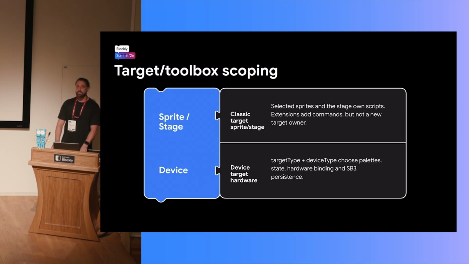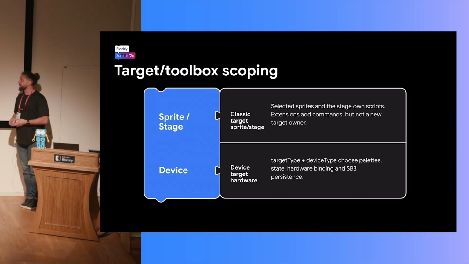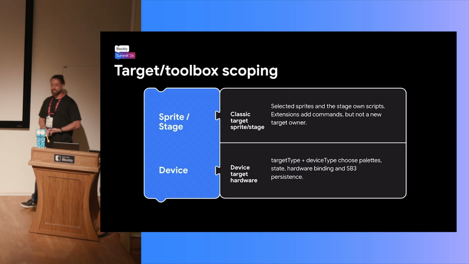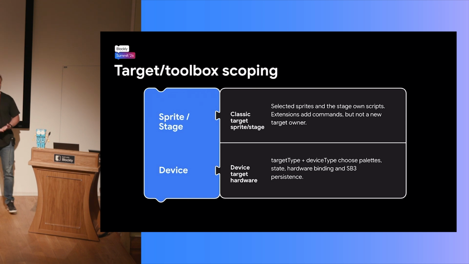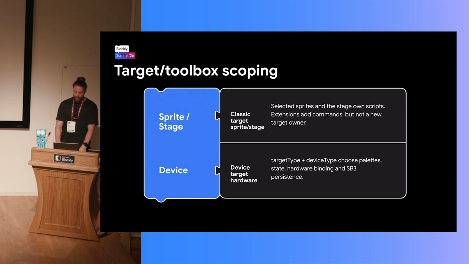Now we saw that classic Scratch gives us sprites and the stage. Device targets add another branch. When the selected target is a sprite or the stage, regular Scratch behavior remains intact. When the selected target is a device, the toolbox can now show blocks that belong to that device or that make sense for that device.